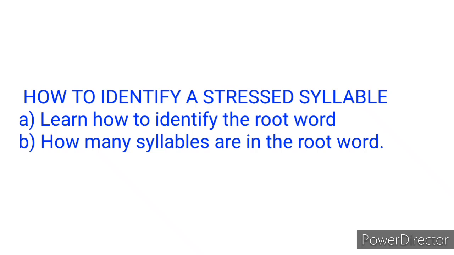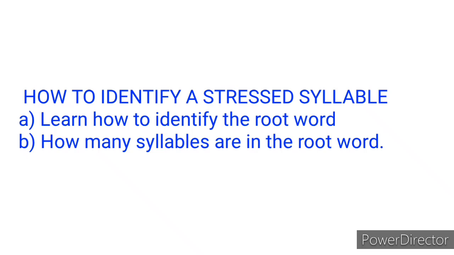Comfortable has its root word as comfort. National has its root word as nation. After you've identified the root word, the next thing is to check how many syllables the root word has. For example, understand has 3 syllables. Comfort has 2 syllables. Nation has 2 syllables.